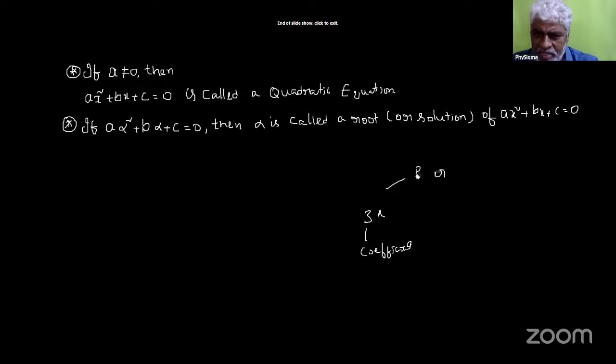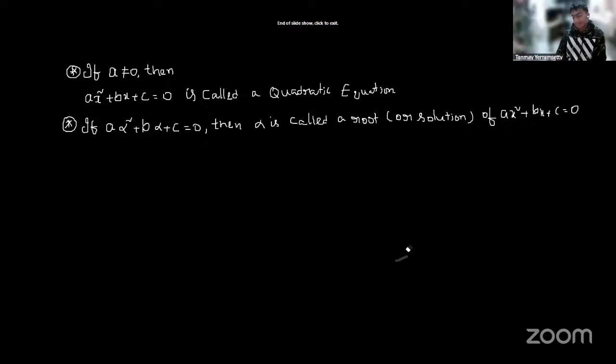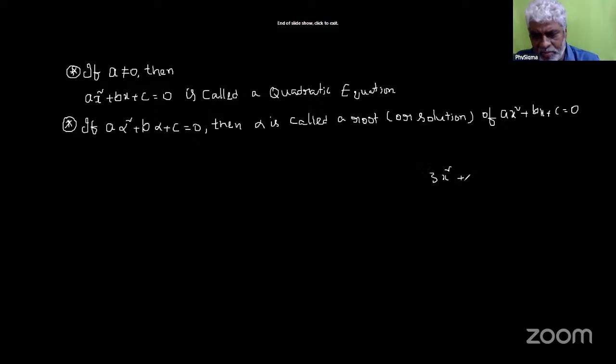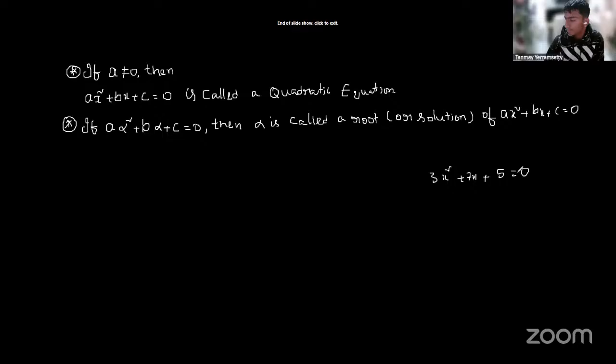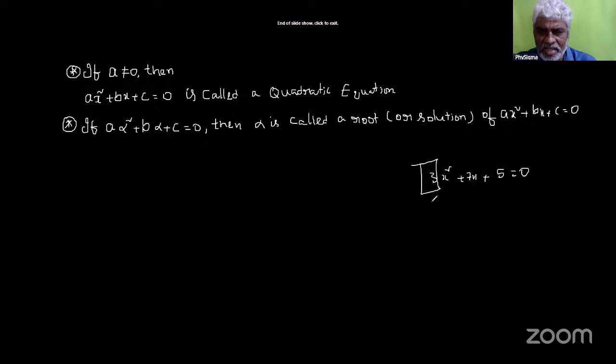For example, I write a quadratic equation: 3x square plus 7x plus 5 is equal to 0. What is the value of a here? That means what is the coefficient of x square? 3. That is a.